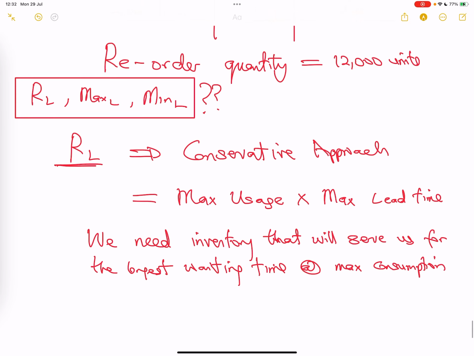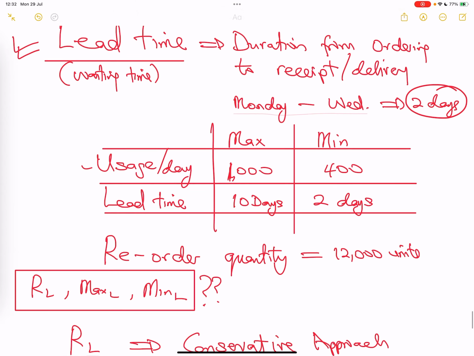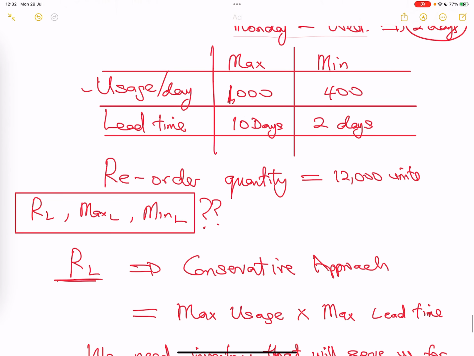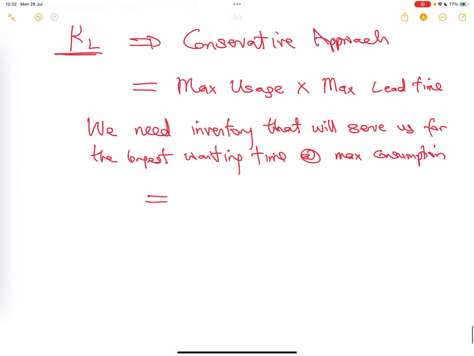So let's say we are consuming 1,000 every day because that is the maximum possible, and we need to wait 10 days for a fresh order. Then we need 1,000 times 10 as our reorder level.